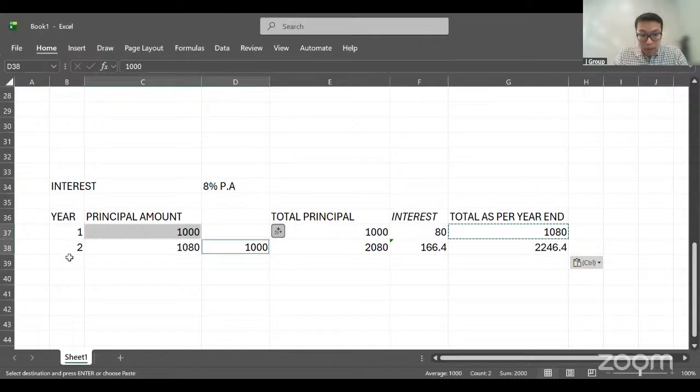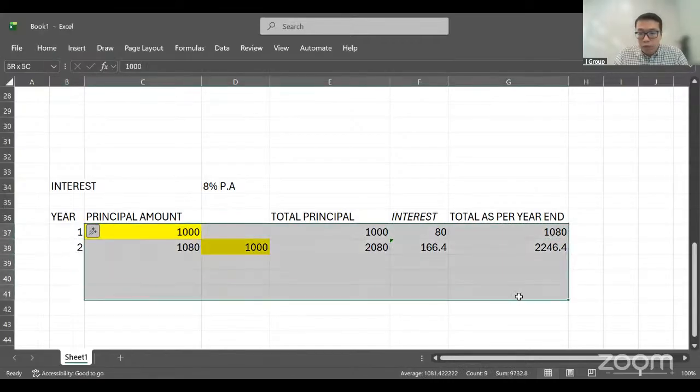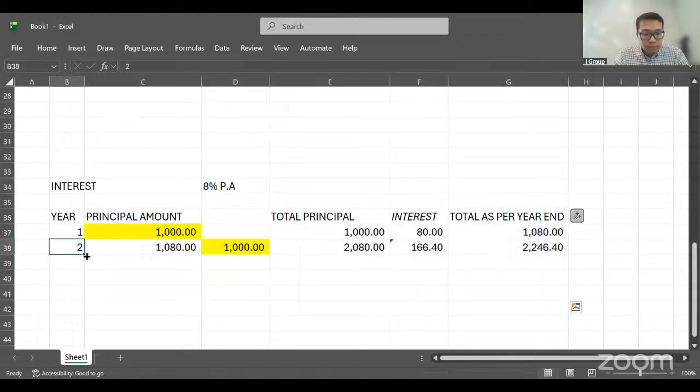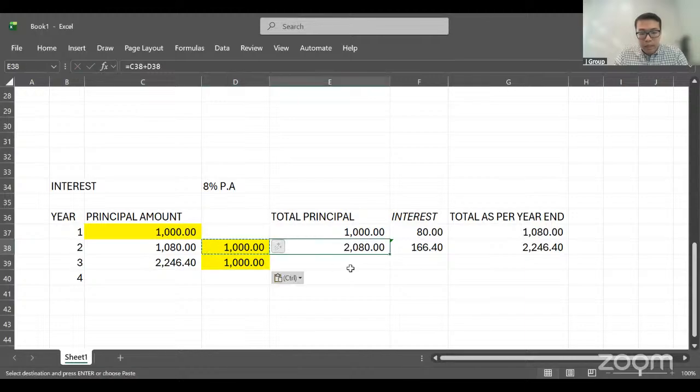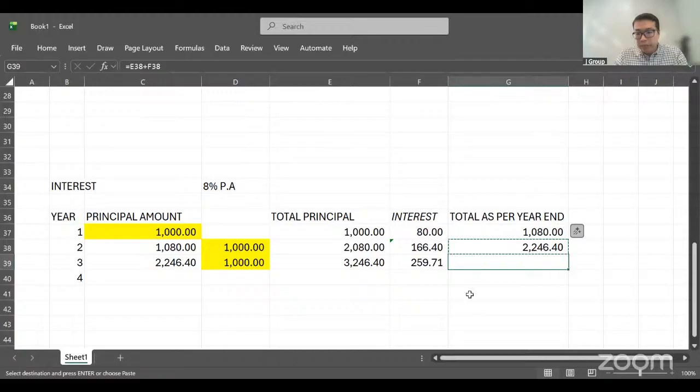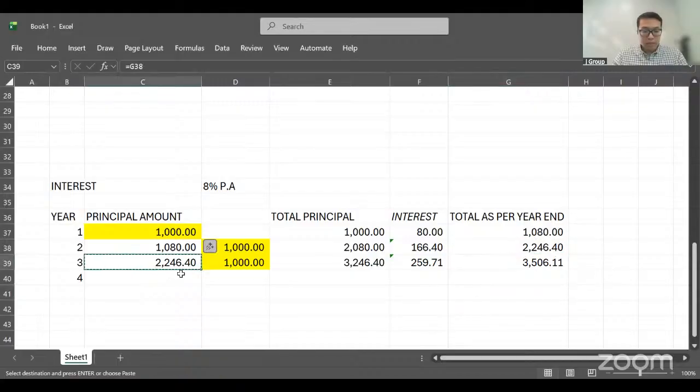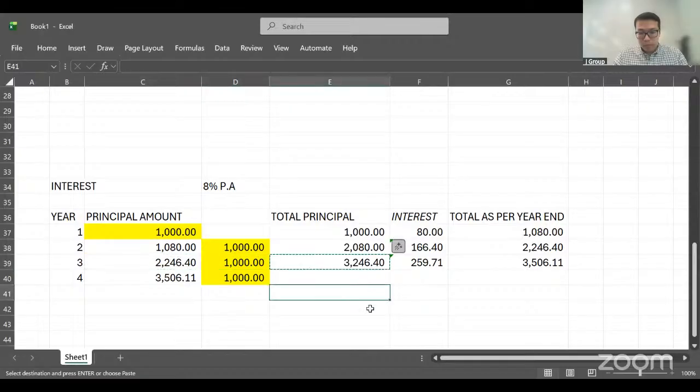Bear in mind, I have put in 2,000 now, year one and year two. Now let us move into year three. Same, I put in another 1,000 in the year. So now my total principal is 3,000. My earned interest is 259, and now I have 3,500. Let us continue to year four. It is the same thing.